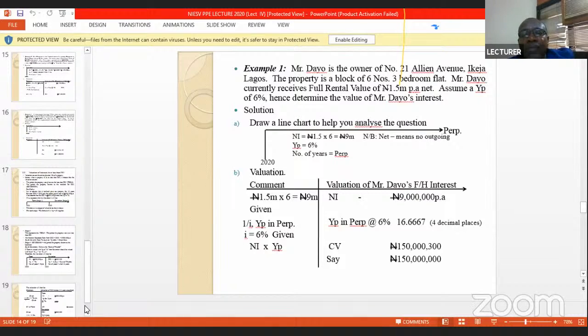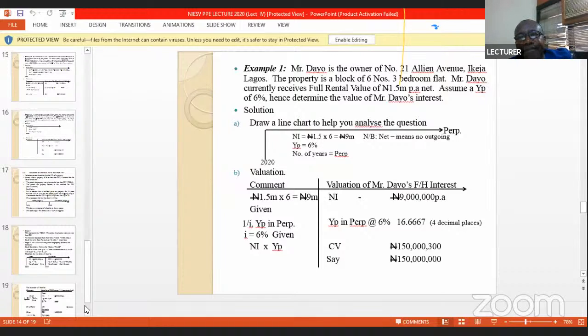And the first sentence says, Mr. Dayo is the owner of the property. The last sentence says, determine the value of Mr. Dayo's interest. So without being told, you are valuing the interest of the owner of the property. The owner of the property is usually a freeholder.